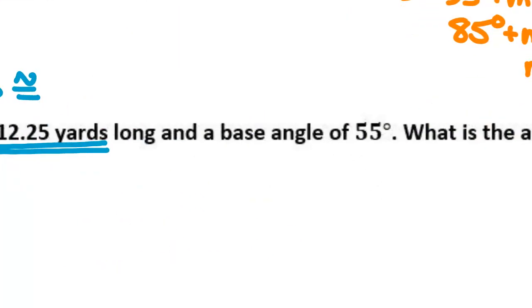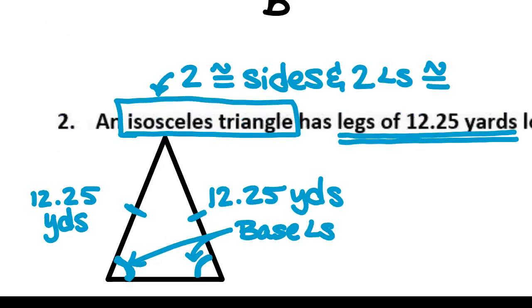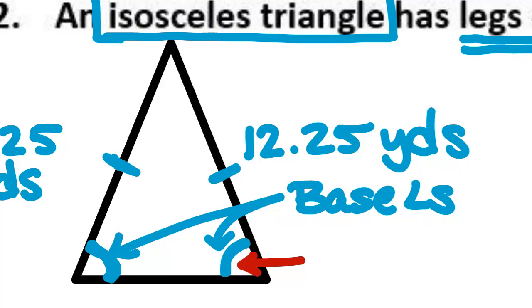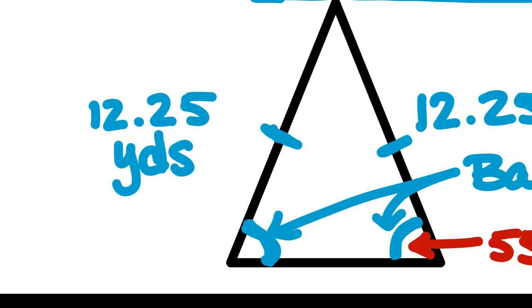Okay. And then we know that the base angle is 55 degrees. So this angle right here is 55 degrees. And this angle right here would also be 55 degrees because that is congruent to the other base angle.